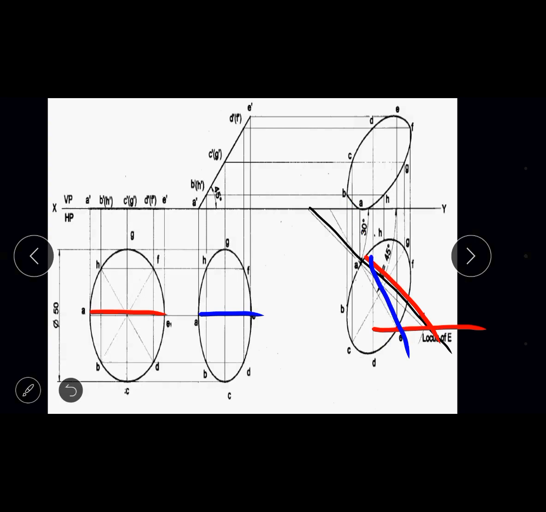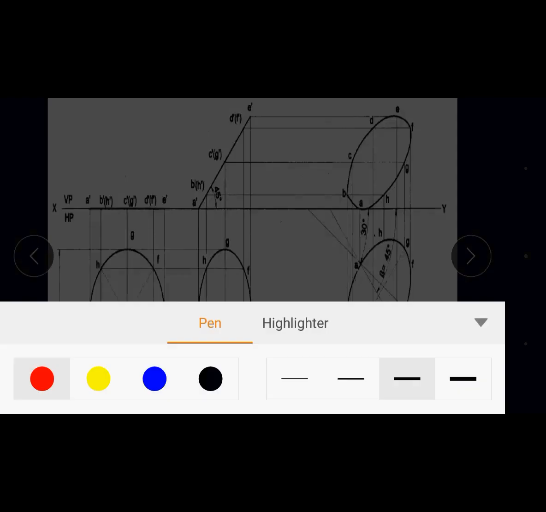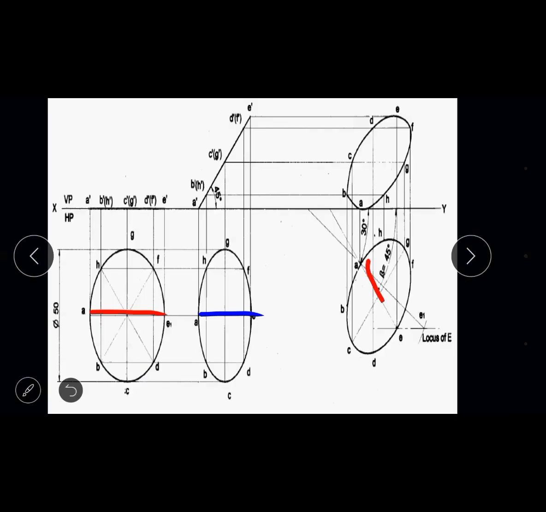Now the next step is how to complete the ellipse. Right now we have just defined the median of the irregular lamina, that is the ellipse.